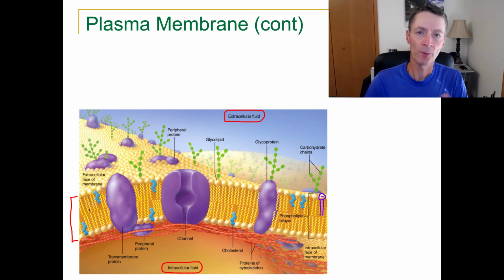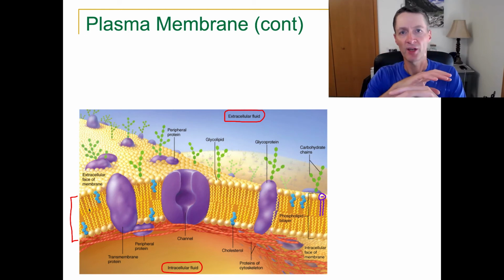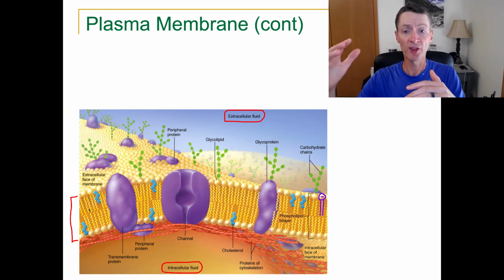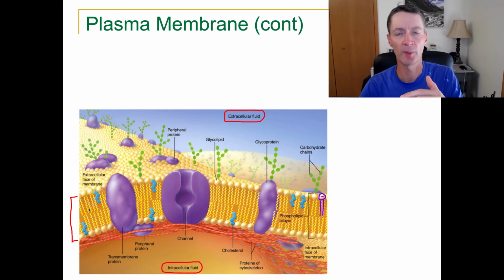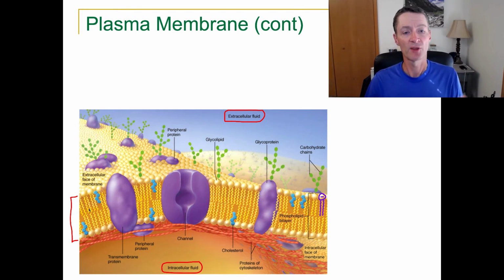Well, this is a similar situation here. We can't have things that are floating outside of the cell just randomly going into the cell. Those things that are charged can't just come in randomly, because then we wouldn't have control over what's in the living cell. Okay? So this is our sea of phospholipids.